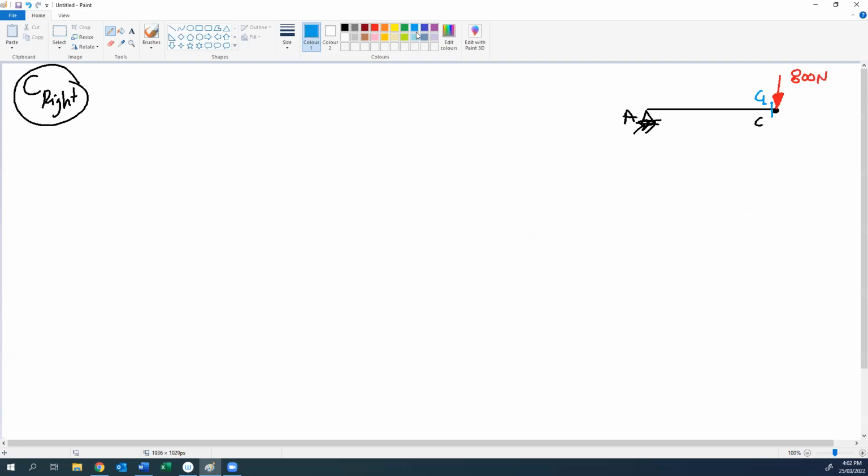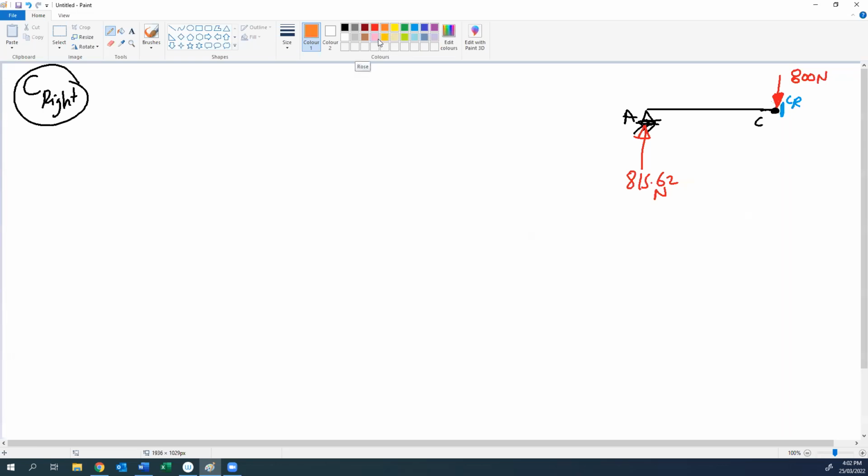So now we are at section C right. So I will remove section C left now. And don't forget that we have a reaction here, which is 815.62 Newton. Now when we cut at C right, we will have?